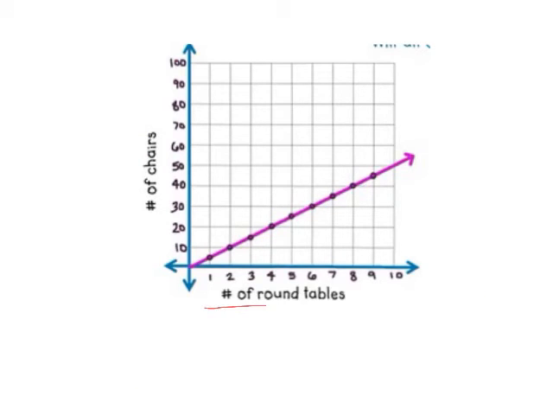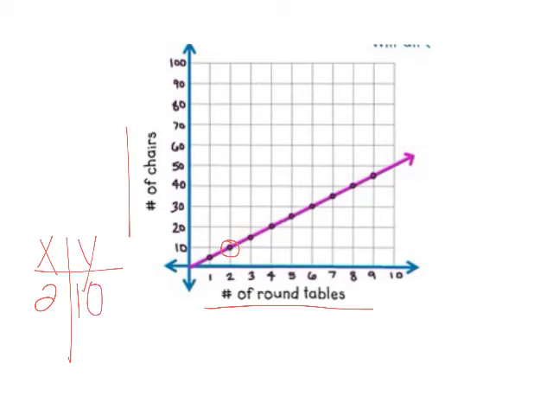Here we said the number of round tables and the number of chairs. We have round tables, and the number of chairs at each round table is proportional. Well, we can't really tell what that number is here for 1. So let's look at 2. So we make a table. For 2 tables, we have 10 chairs.